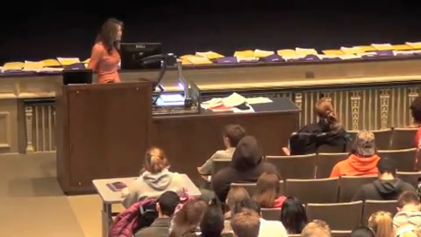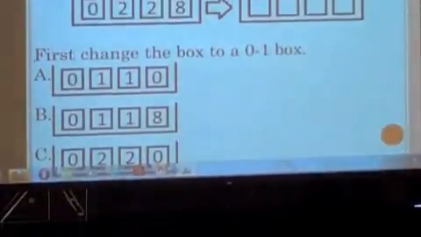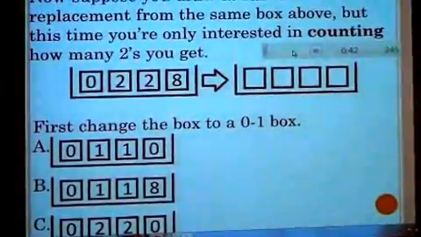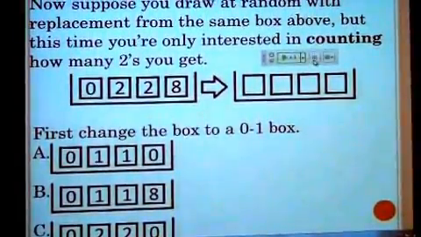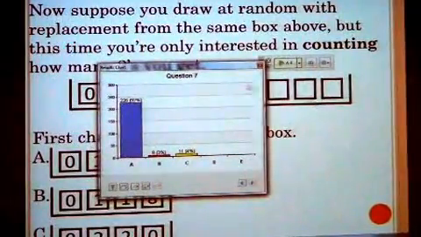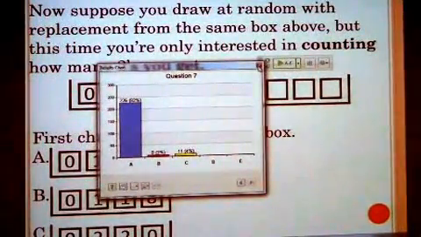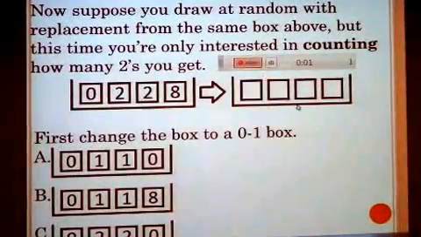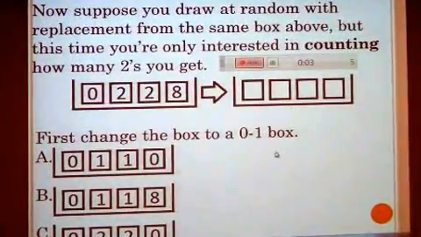Anybody need more time? Okay, let's stop it. And which box is it? Did you get it right? Okay, let's see, you got it right.